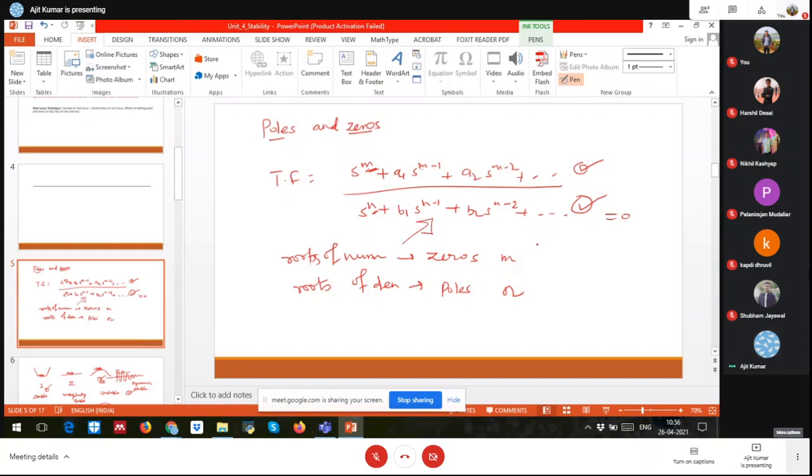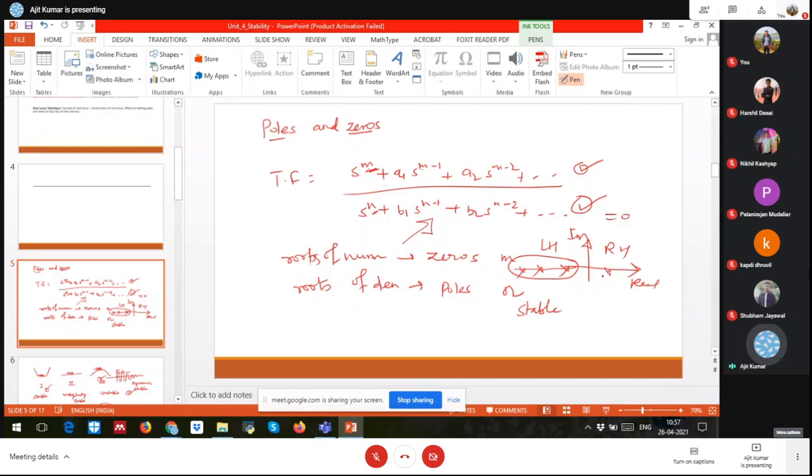So what happens when all the roots lie in the left half of the plane? This axis is imaginary and this one is real. Whatever roots you get, if they fall in the left half of the plane, then if all the roots of the denominator, or essentially all the poles, are in the left half, the system is known as stable.